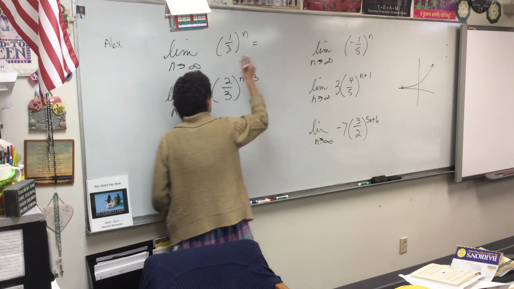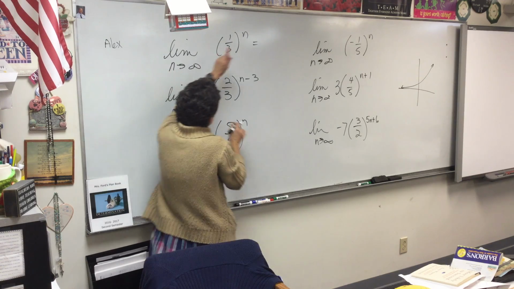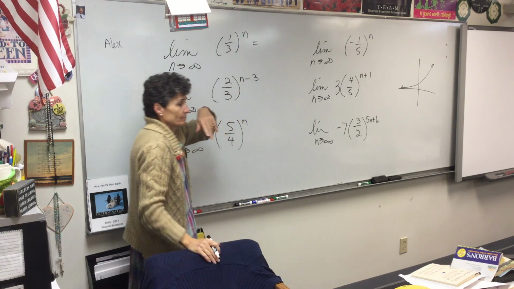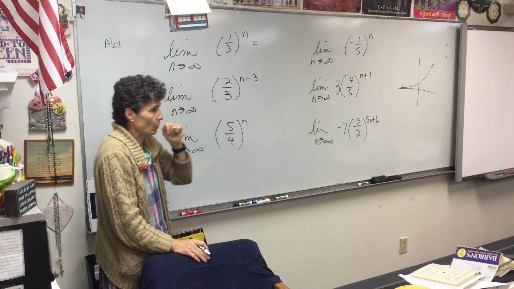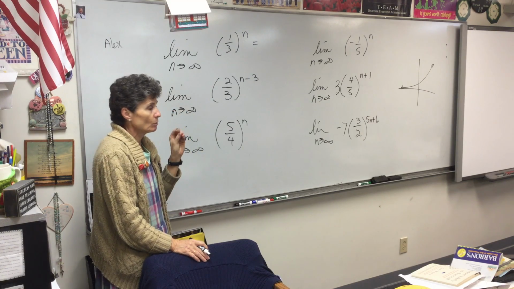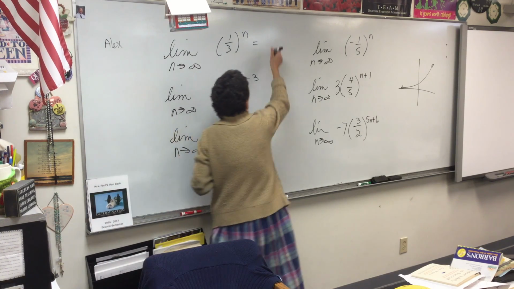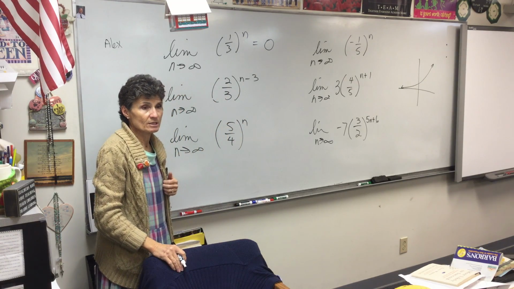Now, I want you to just in your head think about letting n get real big. So 1/3 to the 1000th power, 1/3 to the 1,000,000th power. It's 0. Isn't that thing getting smaller and smaller?